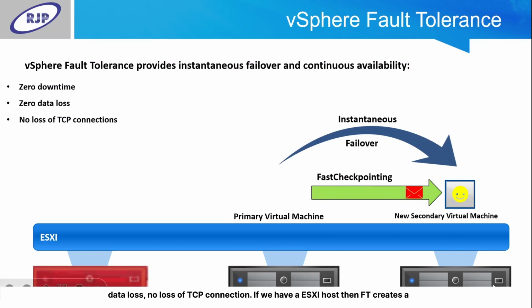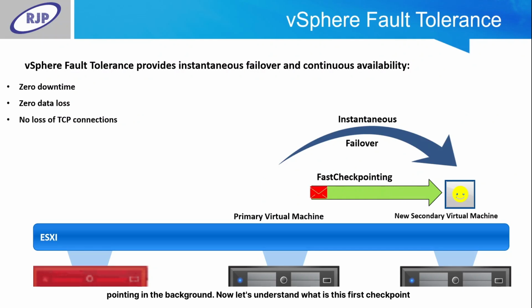If we have a third ESXi host, then FT creates a new secondary virtual machine on that host. To maintain an identical state in the secondary virtual machine at every single moment, FT uses fast checkpointing in the background.